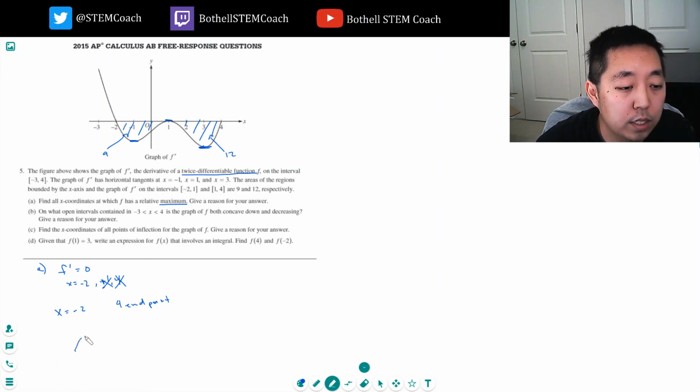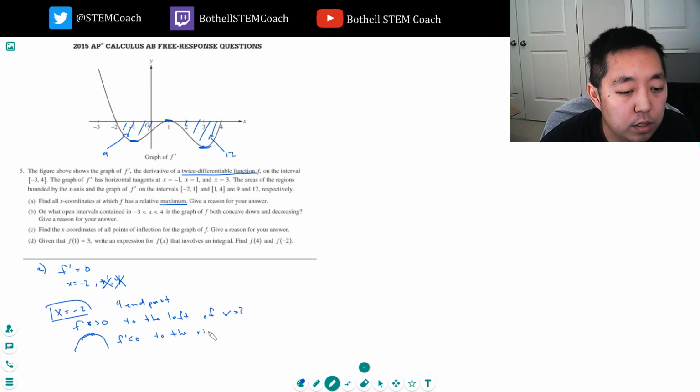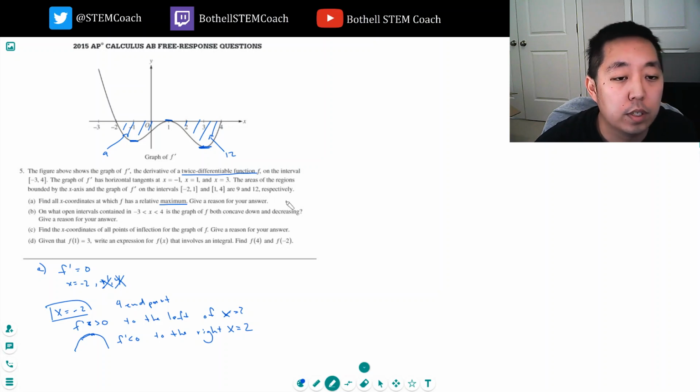If it's positive and then negative, it makes it a maximum. So this is the only place where f prime is greater than 0 to the left of x equals -2, and f prime is less than 0 to the right. So x equals -2. Okay, so that's A.